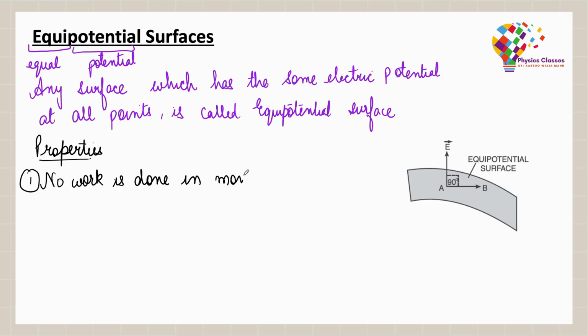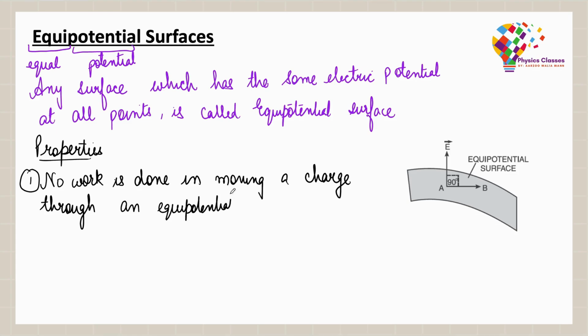Why is there no work done when we are moving any charge through an equipotential surface? If you remember the definition of the potential, you would remember this very basic equation. I told you that VB minus VA is equal to work done by the charge.